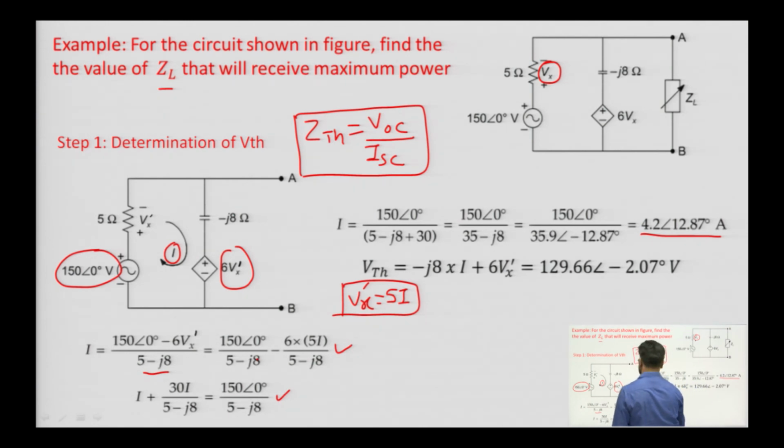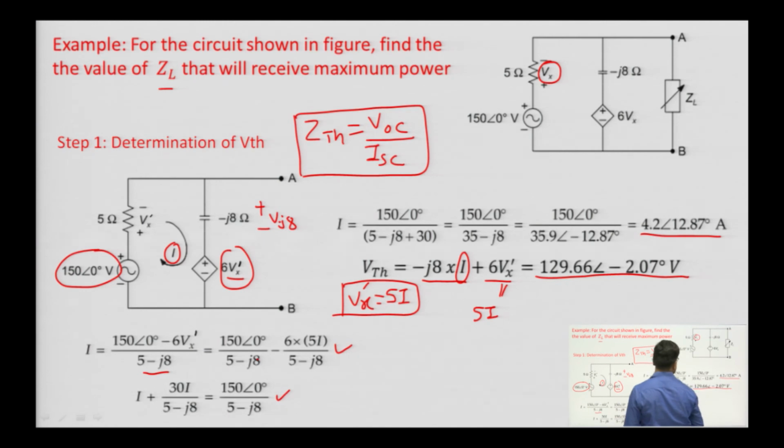The value of VTH will be equal to minus j8 into I, the voltage drop across j8, plus 6Vx'. When we put in the value of I and Vx' equals 5I, we get the value of VTH as 129.66 at an angle of minus 2.07 degree volts. This will be the value of VTH.